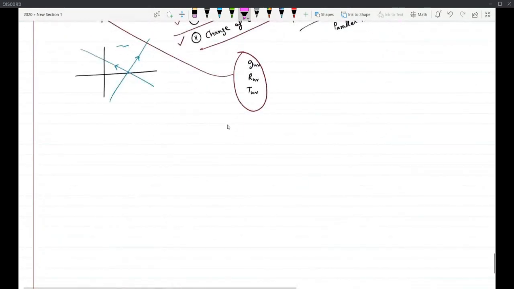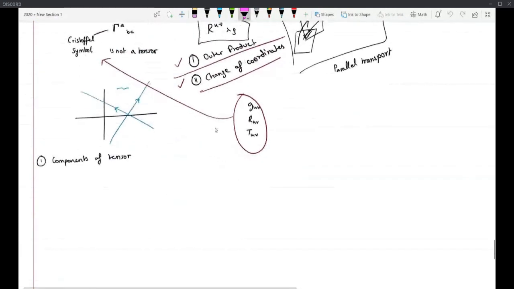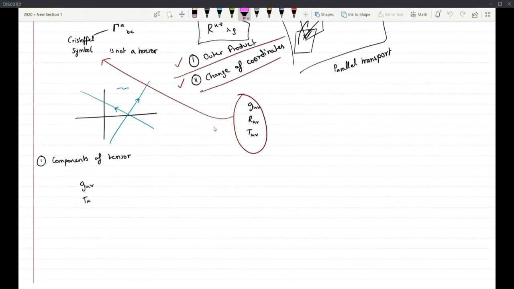The first statement I want you to prove is that components of a tensor can be raised and lowered by the metric. That if I have T mu nu, I can act upon this with eta mu nu on T mu nu, and this should be equal to T. This is an exercise to prove that I can raise and lower tensor components.